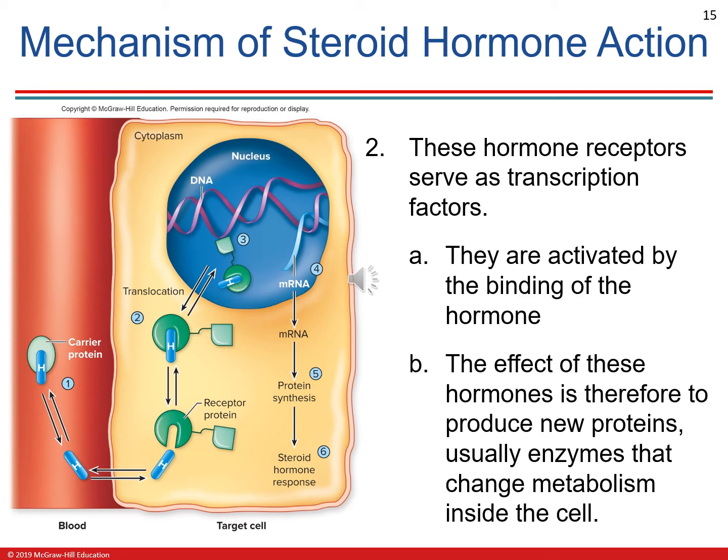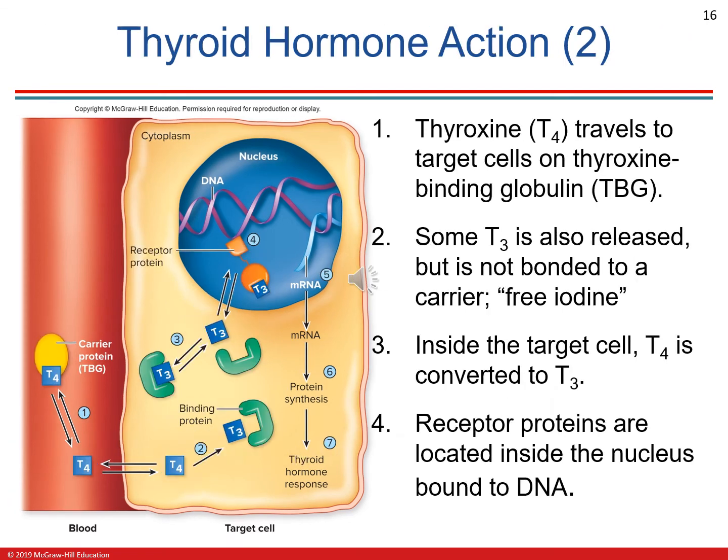That structure is specifically the ribosome. So that is the mechanism for the steroid hormone. Let's see how the thyroid hormone, or T4, crosses the cell membrane and when it reaches the receptor.